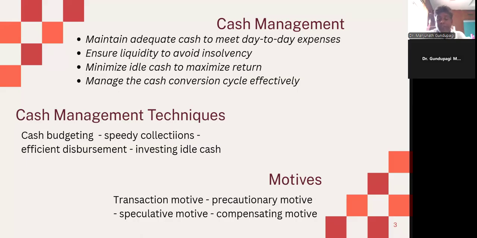Efficient disbursements, making timely payments to the suppliers, where we can maximize the use of credit terms. And idle cash: if any idle cash is left, we can temporarily invest the excess cash in short-term marketable securities.